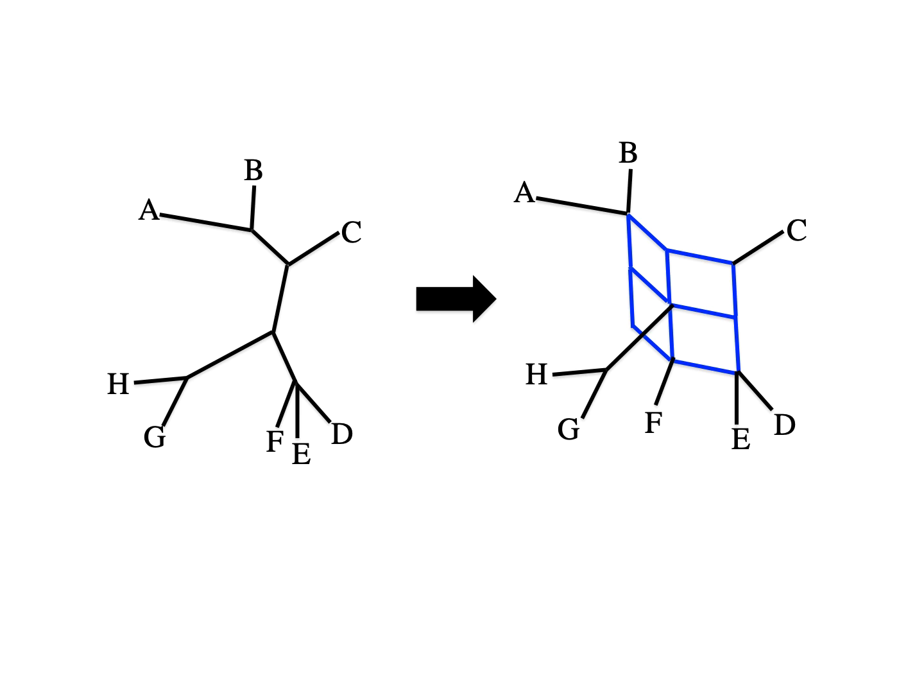So here's one example of a phylogenetic tree on the left, and it shows these nice bifurcating trees.